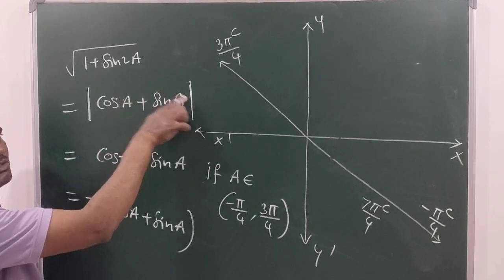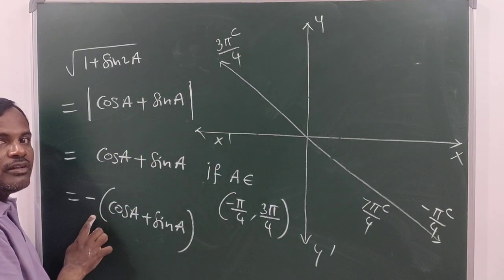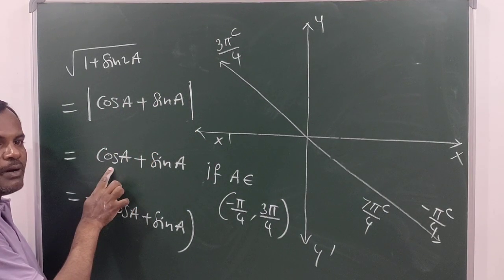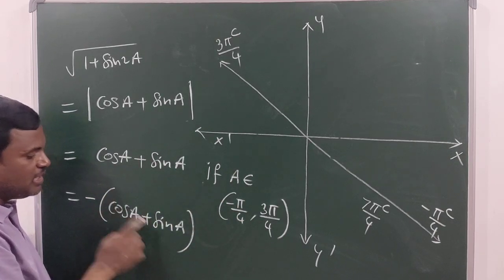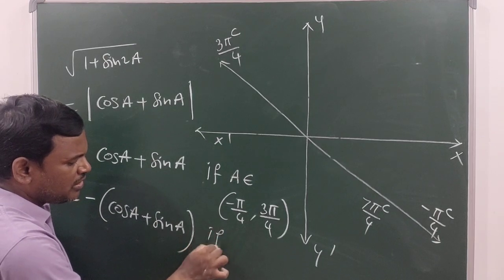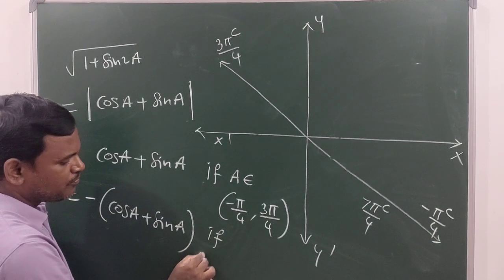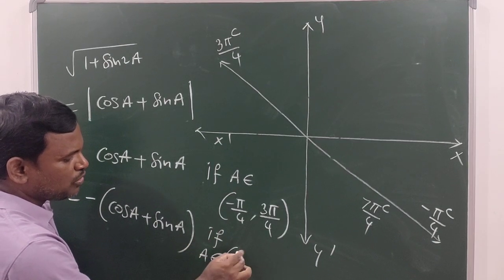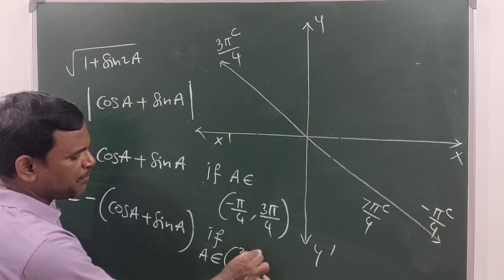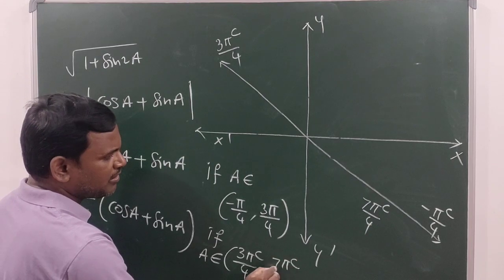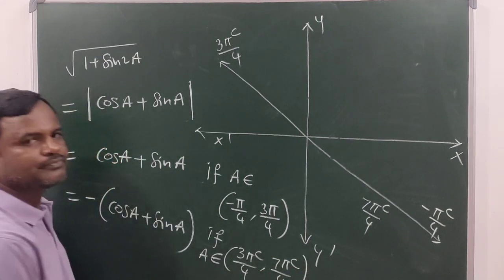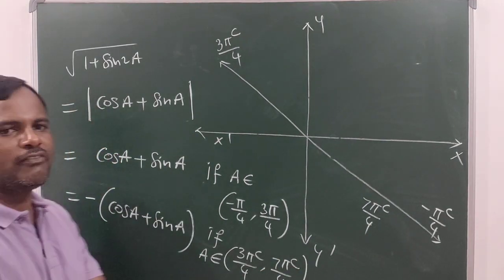So when you remove this symbol, then either we make it positive. So in this interval it is positive. So in which interval is it going to be negative? If A belongs to 135 degrees, 3 pi radians by 4 to 7 pi radians by 4. I hope you have understood this.